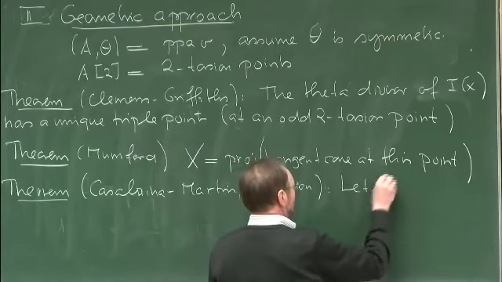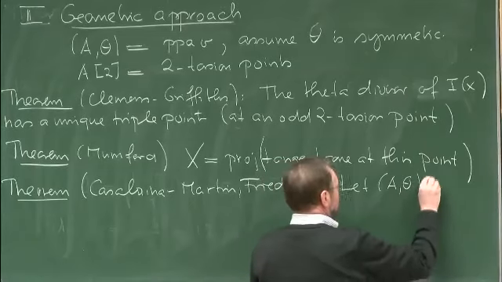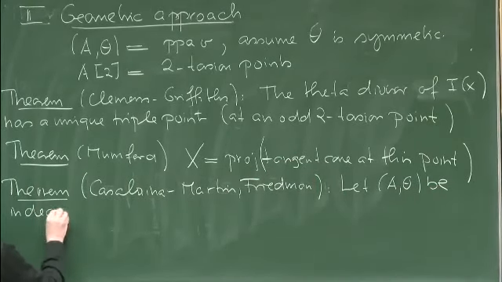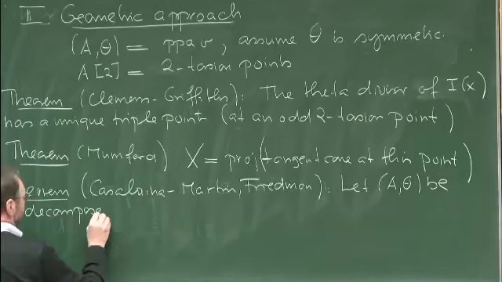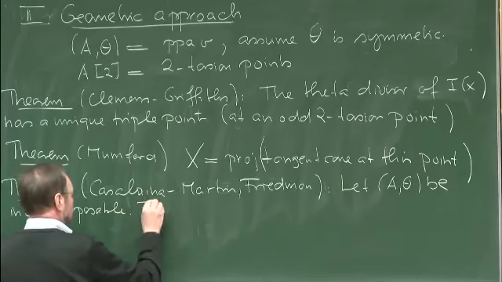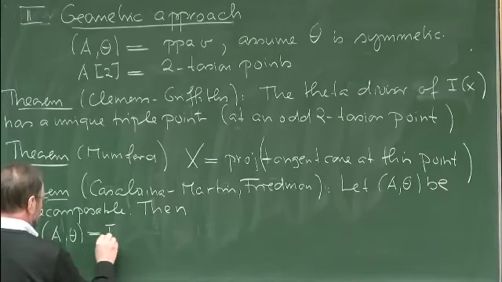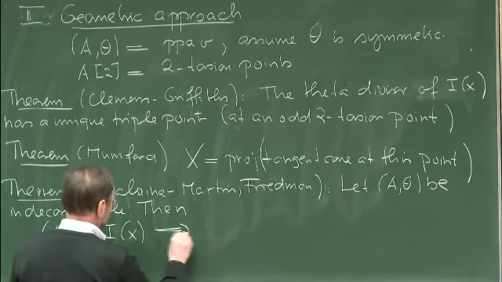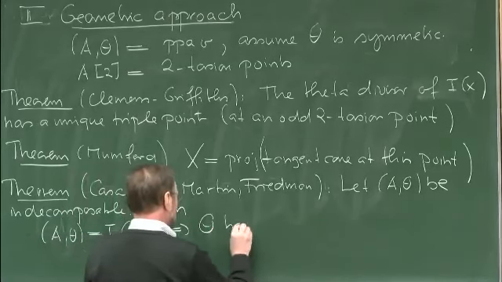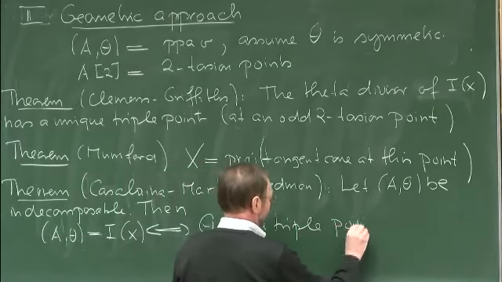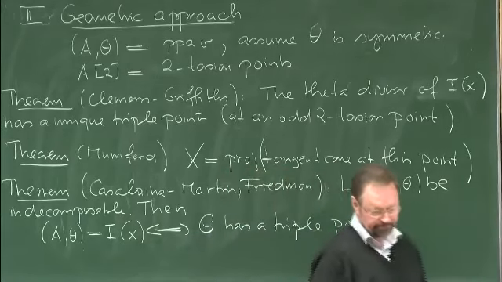So let (A, theta) be indecomposable. Then (A, theta) is an intermediate Jacobian if and only if theta has a triple point. Okay.